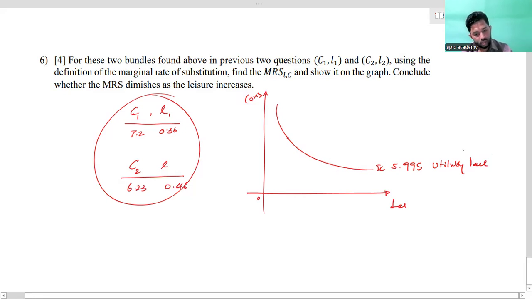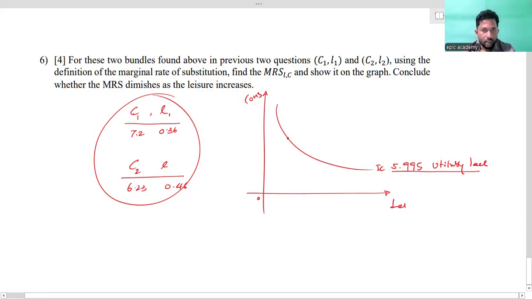You calculated that utility level under question number 5, by using the total utility function, assuming that C equals 7.2 and L equals 0.36. Then at each and every point of the IC curve, the utility level is similar. It's not going to change.